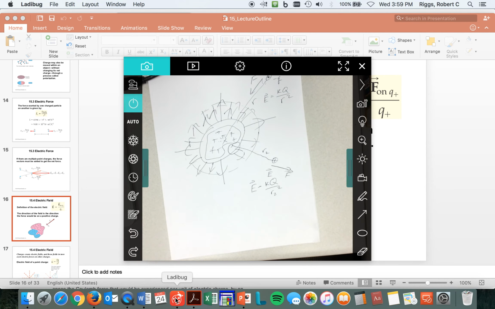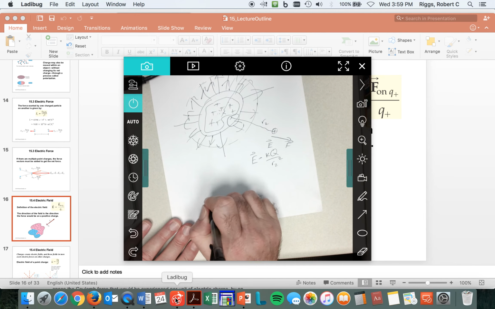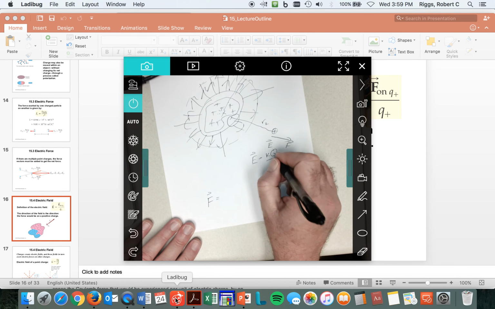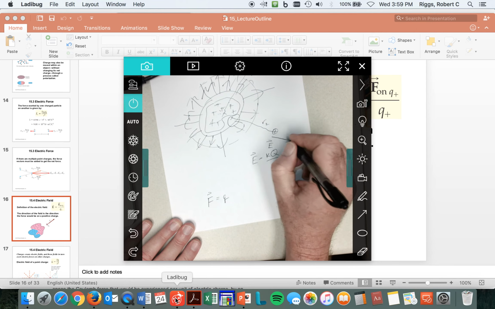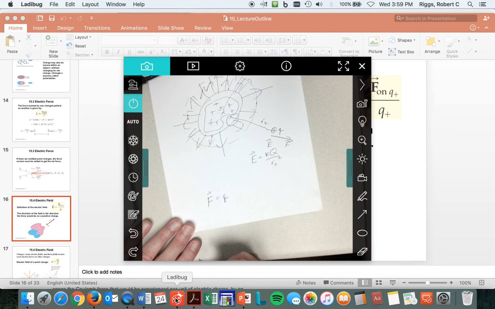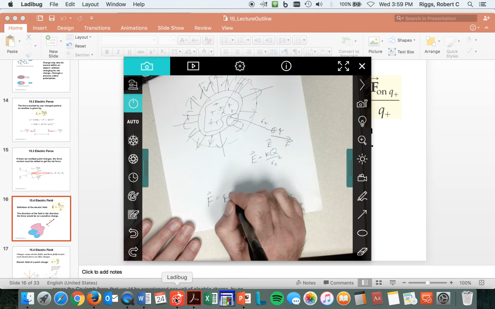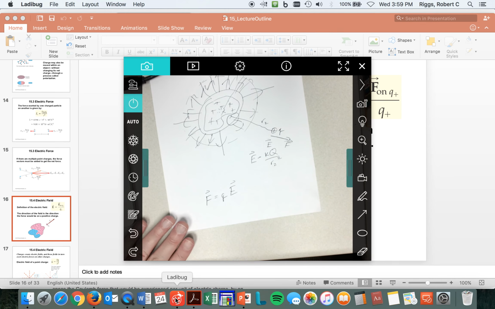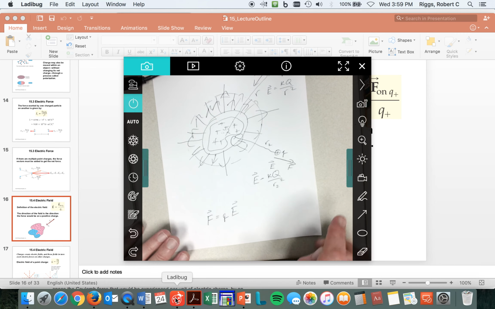And then, if I put them together, the force is equal to little q times E. That's the bottom line with electric fields.